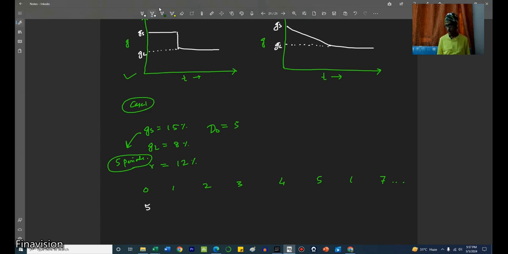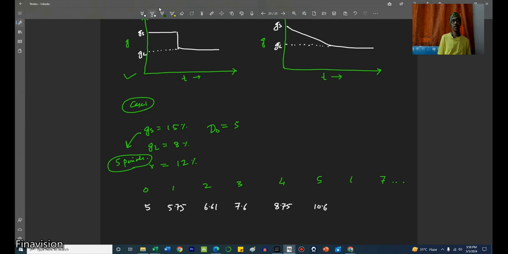At t is equal to 1, it is 5 into 1.15, which is 5.75, into again 1.15, this is 6.61, into 1.15, this is 7.6, into 1.15, 8.75, 10.06.